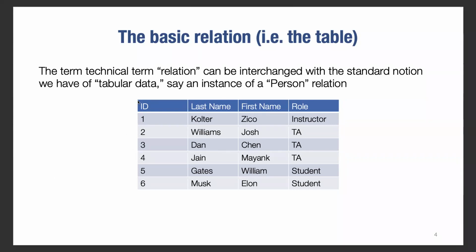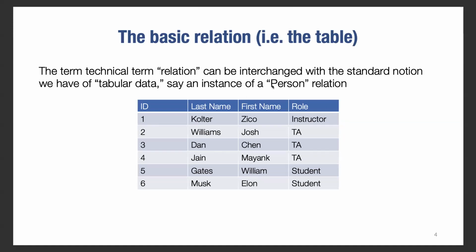Now if you look at this example here, we have a table. Depending on the name that it is given, this is an instance of a person relation. So relation can be interchanged with table with respect to relational data. When you say a relation or a table, we are typically referring to the same thing, right?